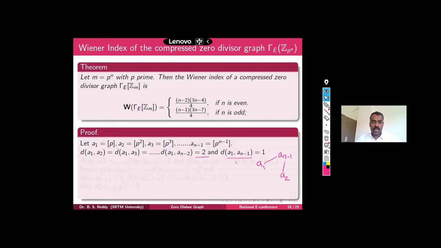Now, similarly, you can observe that if you start from a2, then a2 to a3, a2 up to an minus 2, they are all 1, and a2 to an minus 1 is 1. Right?